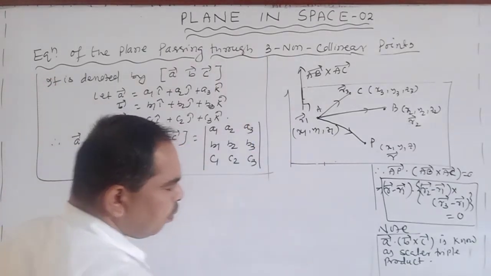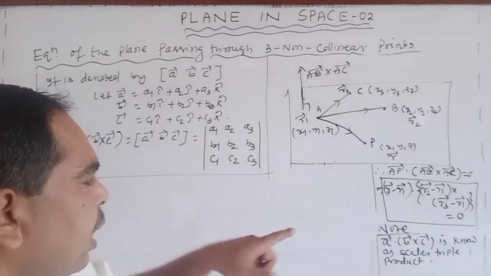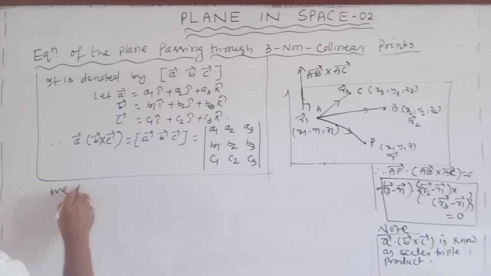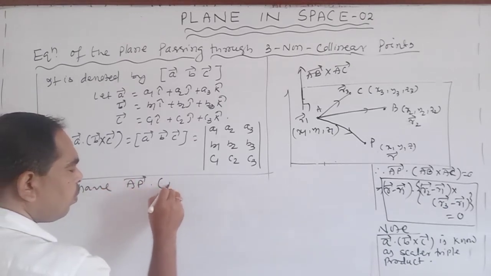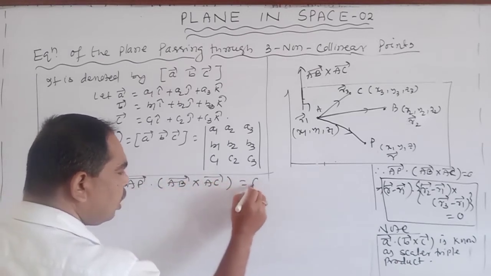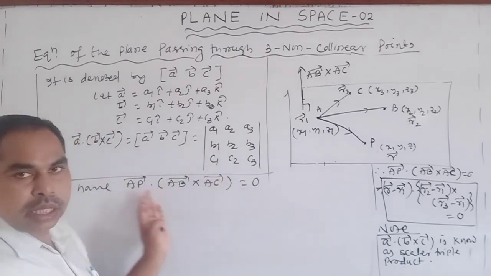Okay, this is called a scalar triple product. So we have AP vector dot AB cross AC is equal to 0. This is called what? Scalar triple product.